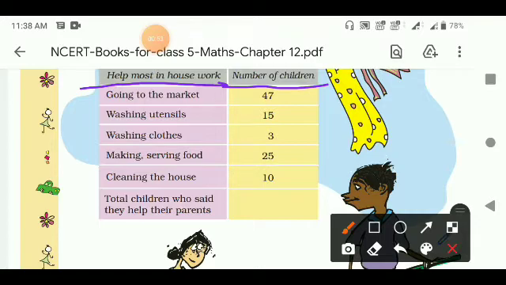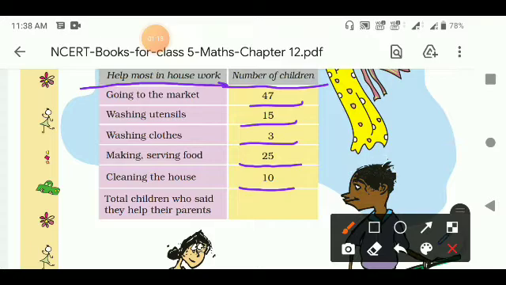So going to market, 47 children. Washing utensils, 15. Washing clothes, 3 children. Serving food, 25 children. Then cleaning the house, 10 students help most in this type of work.